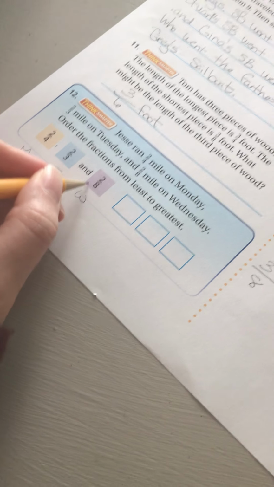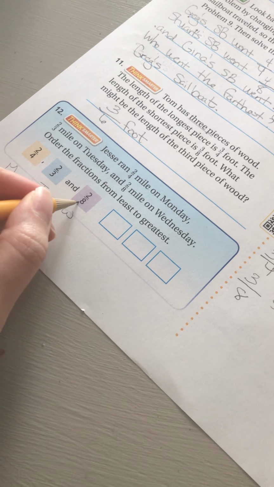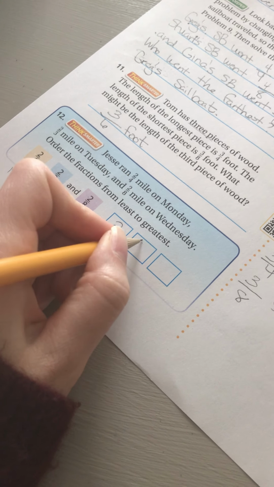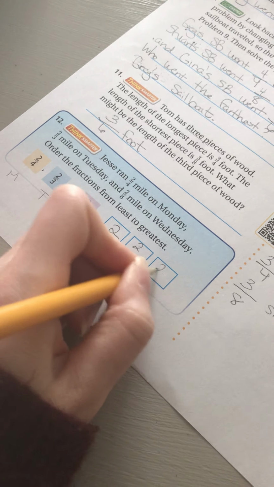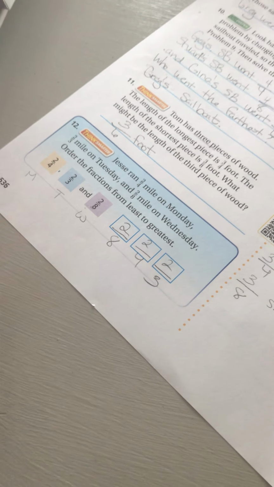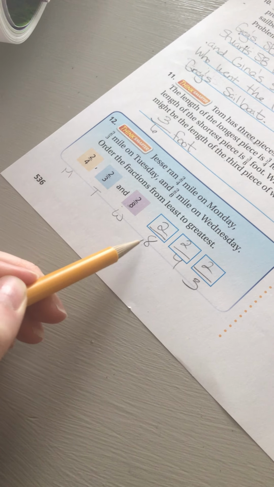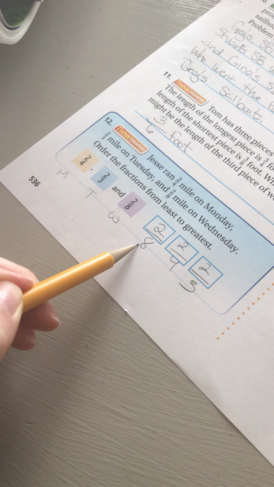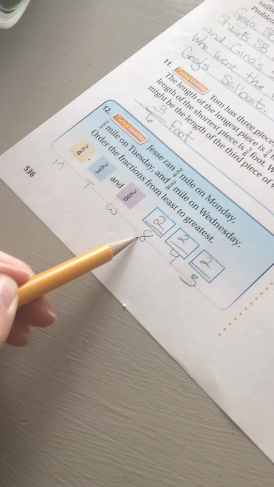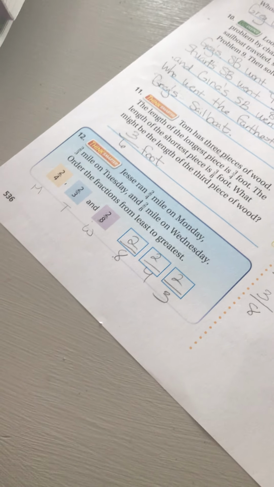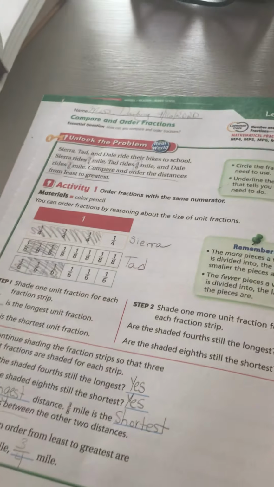Least would have a greater denominator because it's more pieces, meaning they're smaller. So we've got 2/8. Then it would be 2/4, and then it would be 2/3. Okay, again, the bigger the number on the bottom for denominator, the smaller the fraction is because the smaller those pieces have to be. Okay, so that is lesson 9.5 for today.